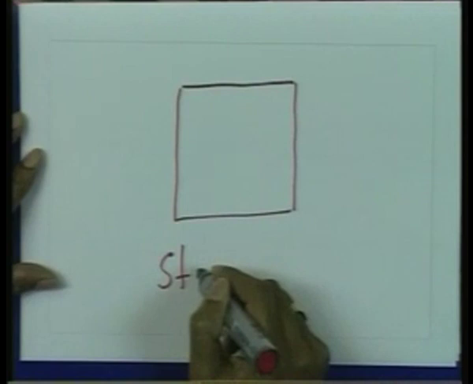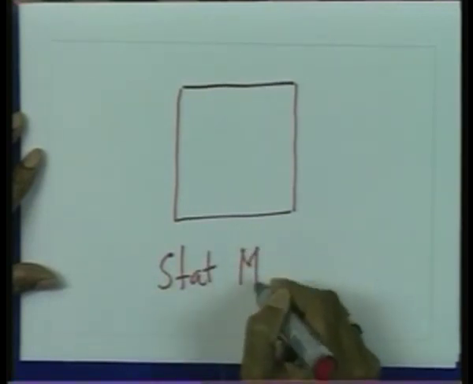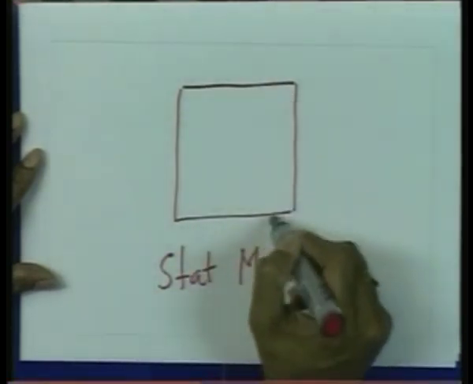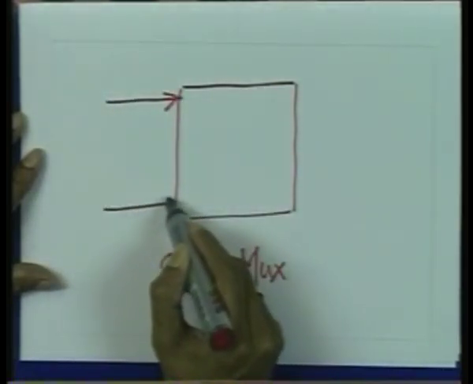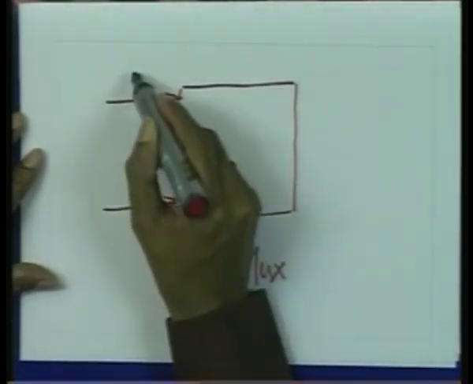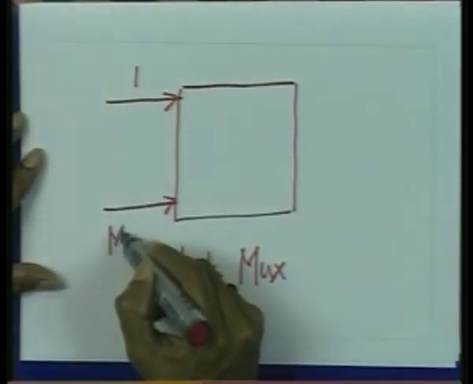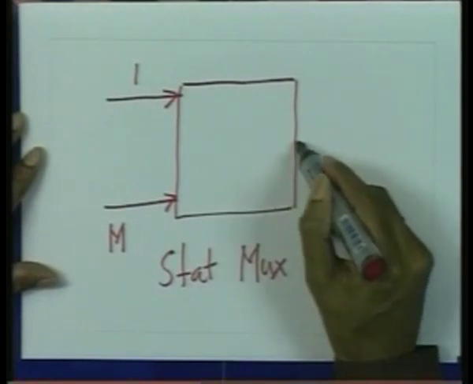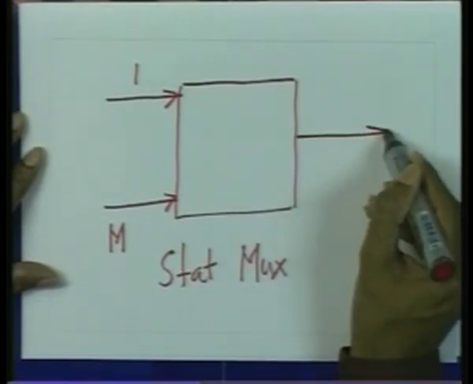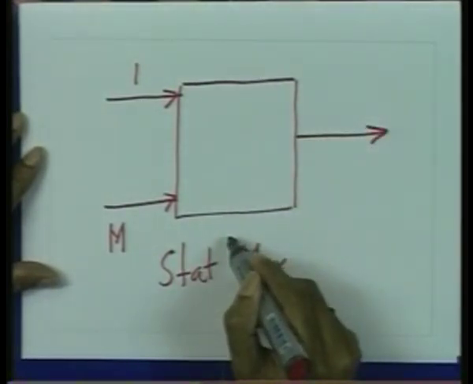Okay. So let's say that this is a statistical multiplexer. Like a time division multiplexer, a statistical multiplexer may have several input ports, let's call them 1 to m, but this m may not be the same as we had considered in the previous example, and there is an output port.